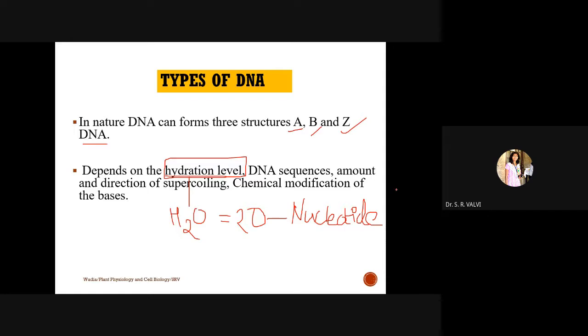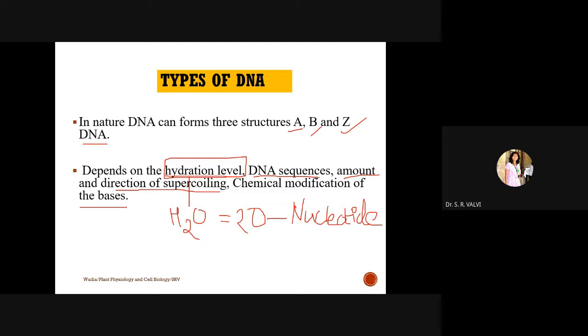Another point is DNA sequences. Depending on how the DNA sequences are, the type of DNA is made. Next, amount and direction of supercoiling, how they are going to coil, in which direction. Depending on that again these types are made. And then chemical modification of bases, how they are chemically modified.